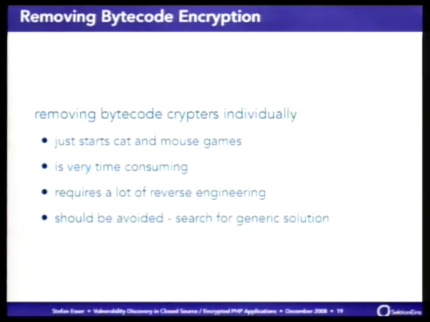When I started working on the PHP bytecode encryptors, I was lazy, I didn't want to do it individually for every cryptor. I worked on runtime encryptions during the days of DOS and early Windows cryptors, and so I knew that every time you crack a cryptor, you just start a cat and mouse game.